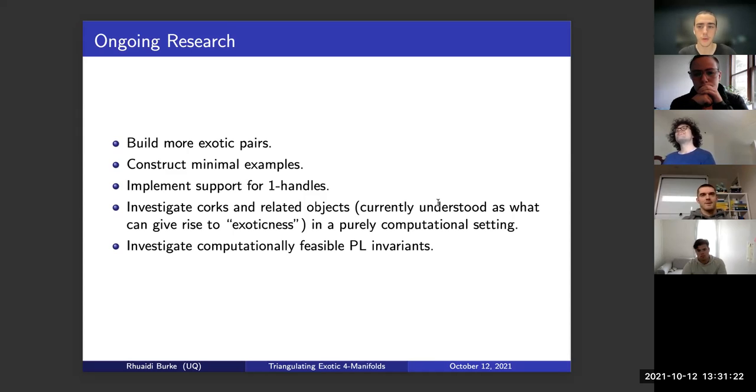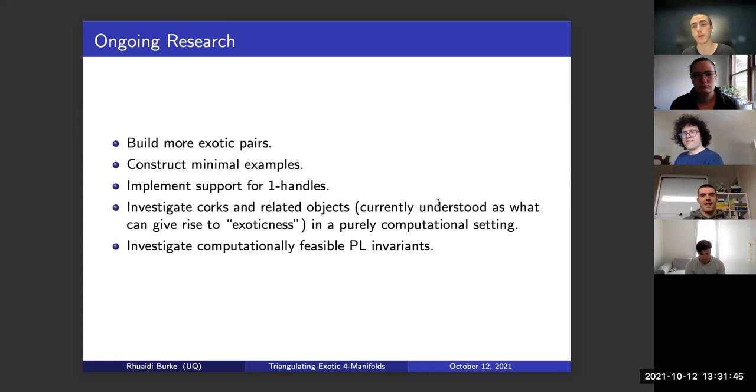So we would like to be able to investigate these things combinatorially, and really blue sky thinking is if we could investigate some kind of feasible PL invariant to distinguish these things. At the moment, there are some maybe graph theoretic invariants that we can investigate, but that's way down the track.